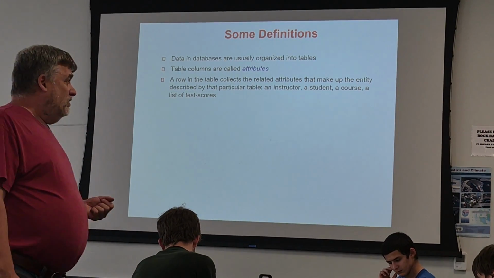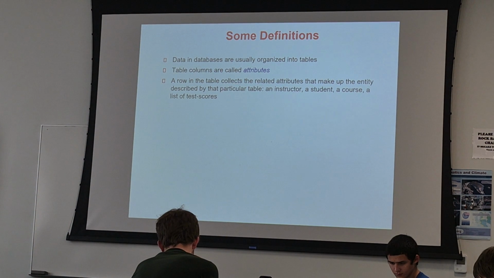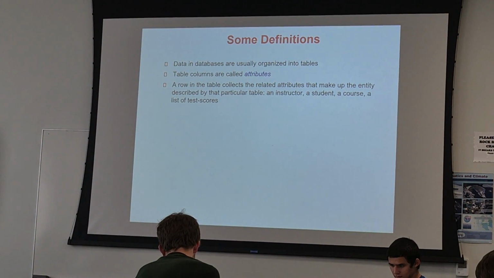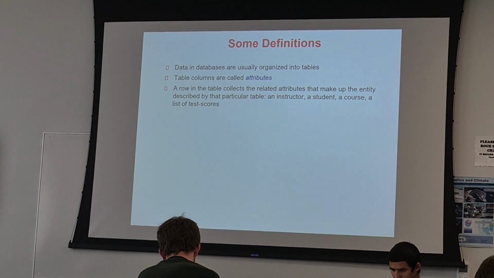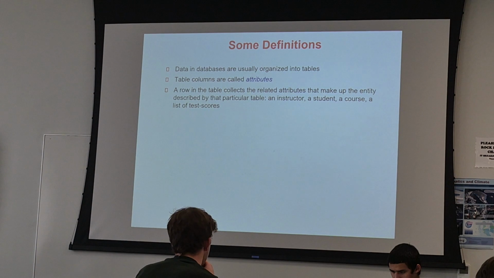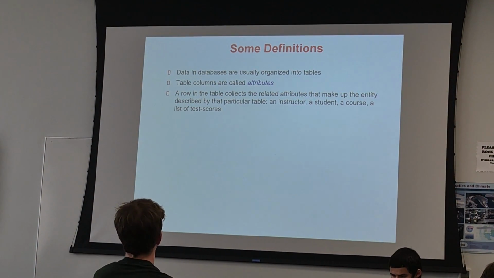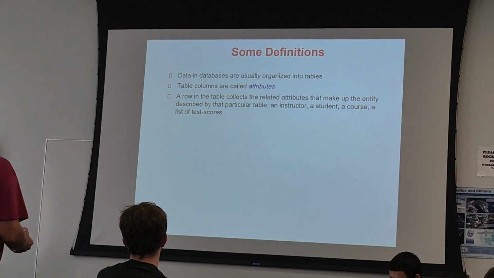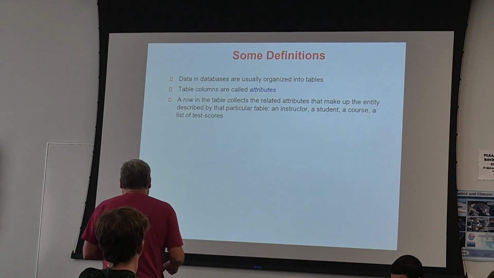And you might recognize that each individual row in whatever table you're looking at is basically collecting the values of the attributes, and they're related in such a way that it sort of makes sense. It sort of creates an entity of whatever type that table is trying to represent, whether it's a student record, or a course record, or a time slot record, or a department record, or a building on campus record.